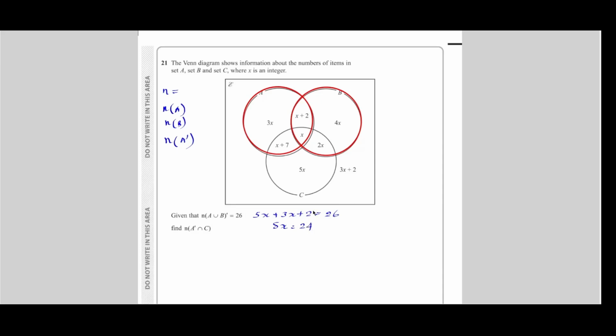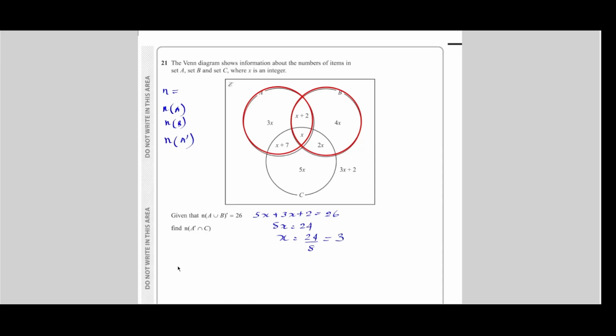Is it clear? This is positive 2. When positive 2 goes to this side, it becomes minus 2. Then 26 minus 2, 24. Then x equals 24 divided by 8, which becomes 3. So we have the value of x now.